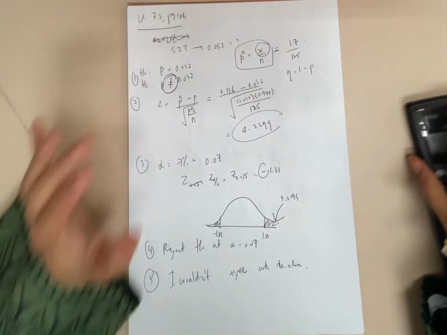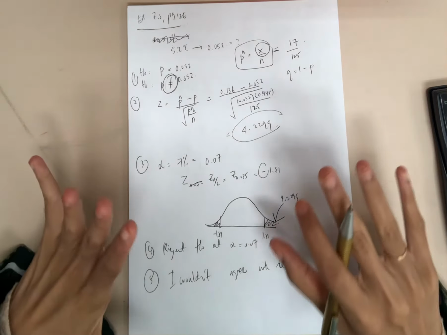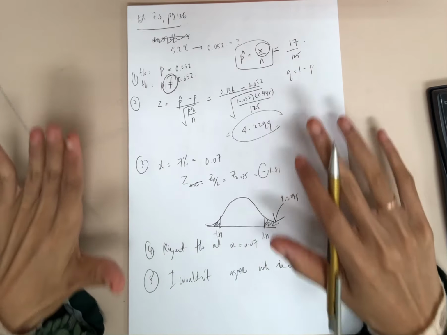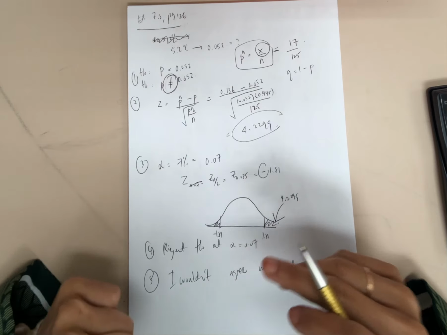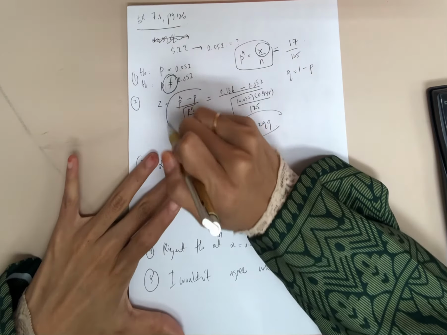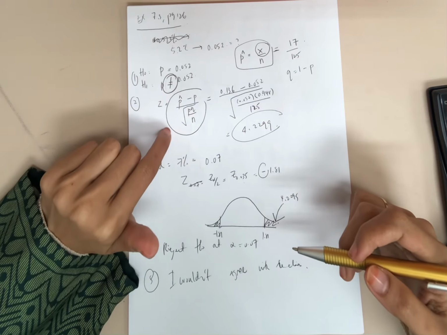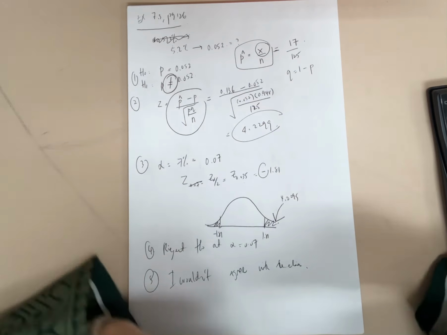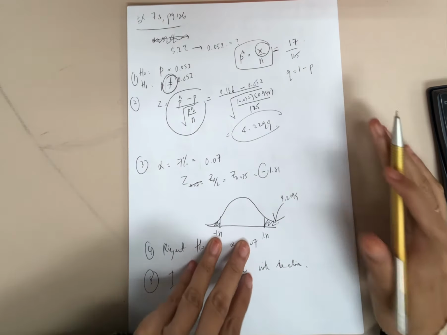The steps are equal, no difference at all. The steps are the same as the previous one, which is mean. The only difference is the formula of the proportion. So this is the proportion formula. The rest, how to find alpha, how to find the Z alpha and so on, is still the same.